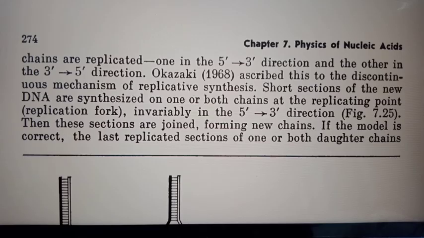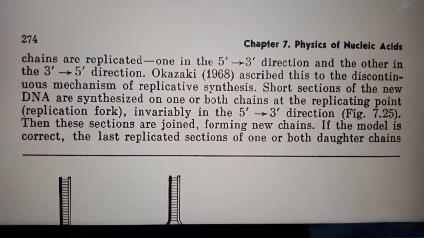Okazaki ascribed this to the discontinuous mechanism of the replicative synthesis. Short sections of the new DNA are synthesized on one or both chains at the replication point, inversely in the 5' to 3' direction. Then these sections are joined, forming a new chain.